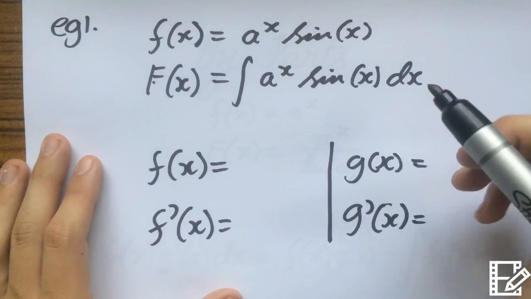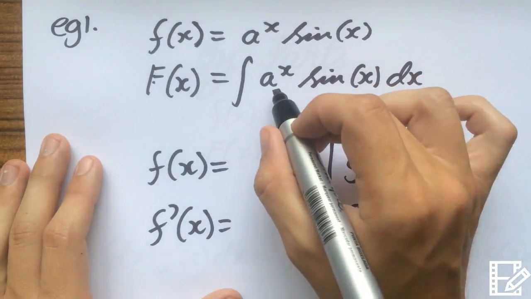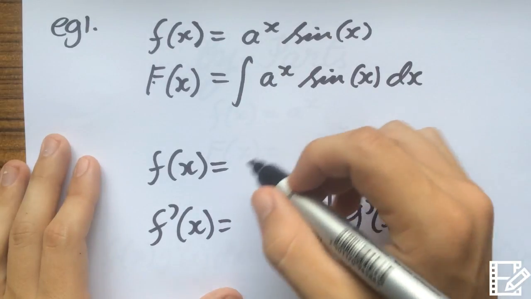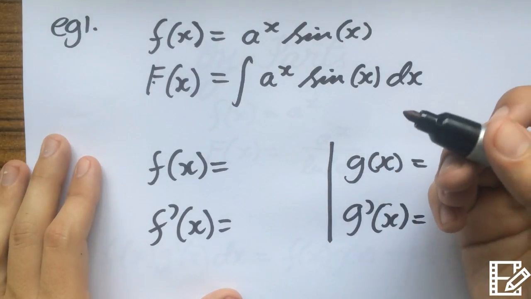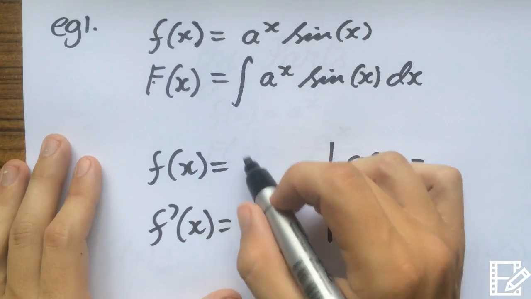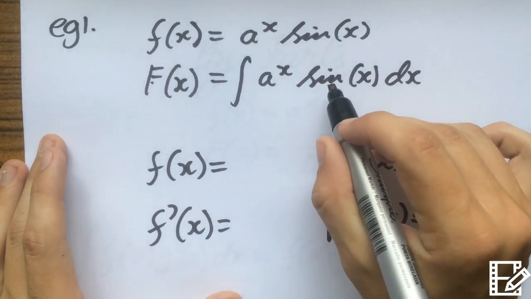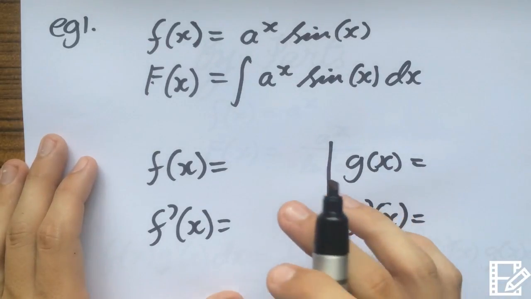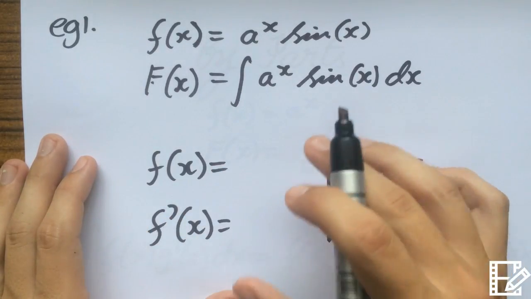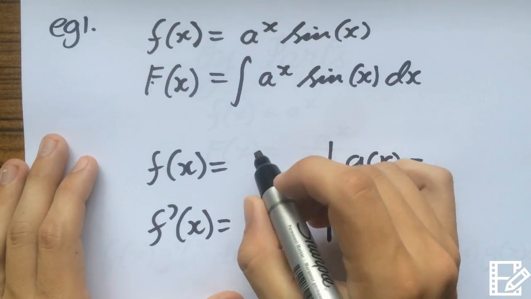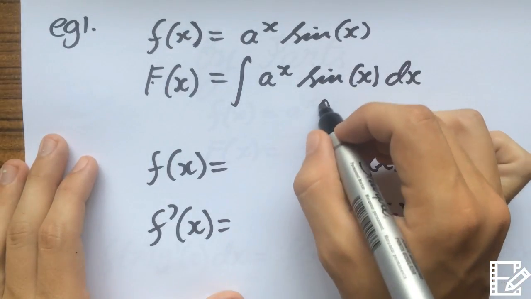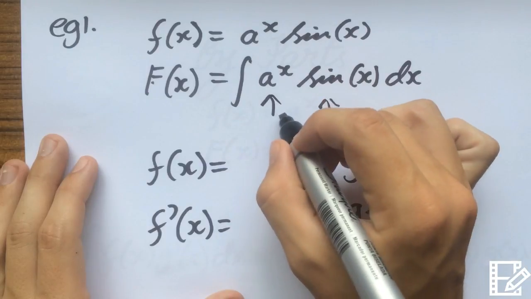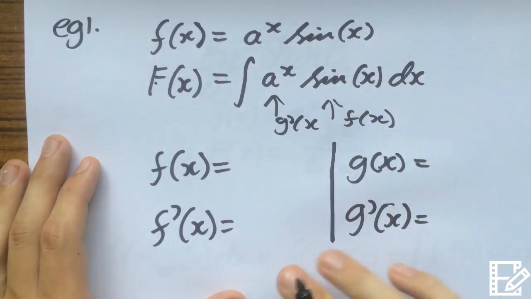I know that if I were to find the derivative of a to the power of x, I would get ln of a multiplied by a to the power of x. That's making it bigger, but differentiating sine x, it just goes to cos x. It doesn't change in complexity, it just changes. So I'm going to call this f of x, and I'm going to label this as g dash of x.